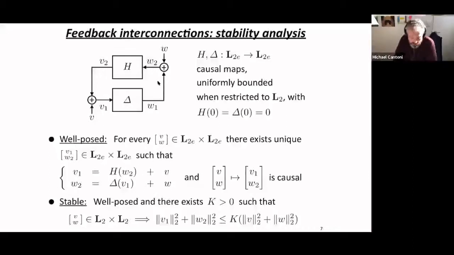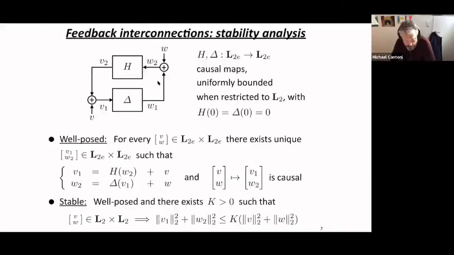These two equations are encoding the summing junctions, if you like. In addition, we would like the mapping from the exogenous inputs to the internal signals to be causal. That's what we mean by well-posed.